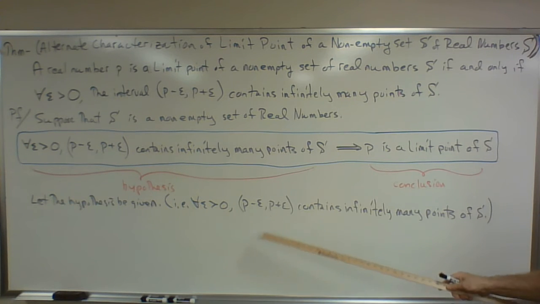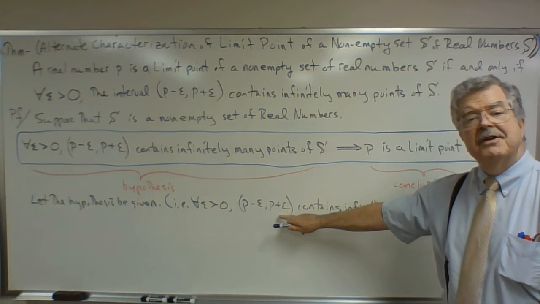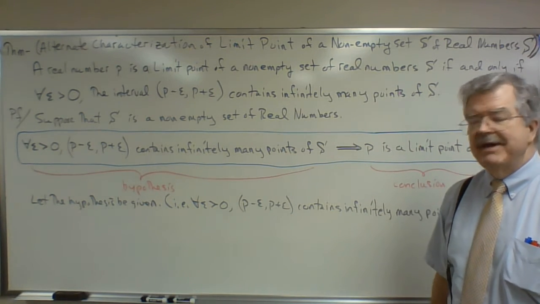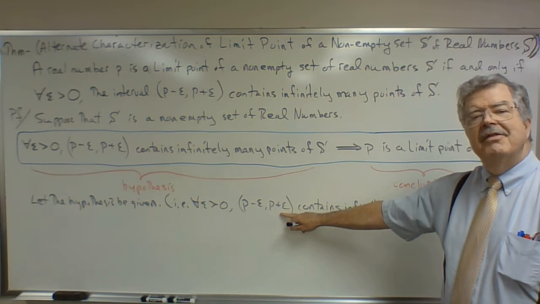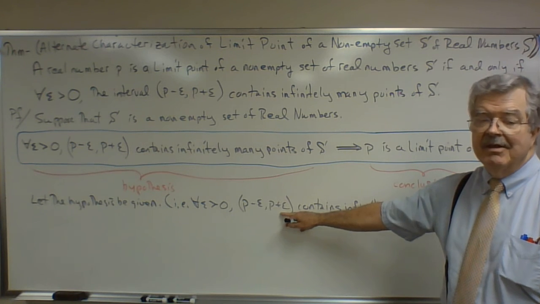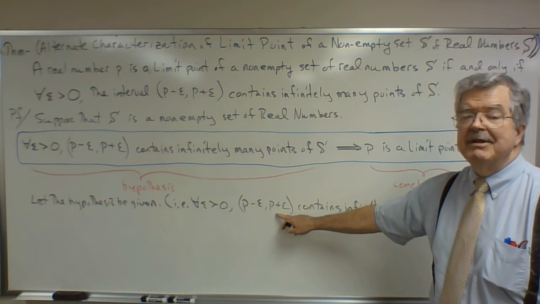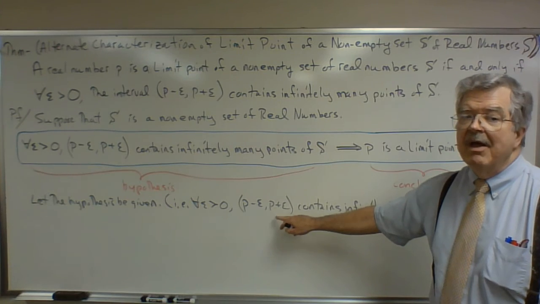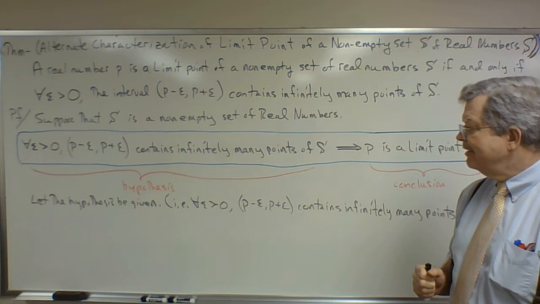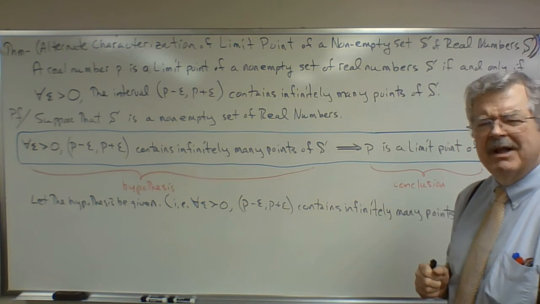For each epsilon greater than 0, the interval (P minus epsilon, P plus epsilon) contains infinitely many points of S. So if this interval contains infinitely many points of S, then all of the elements of S that are in this interval, other than perhaps P, I'm still not saying this very well, I apologize.